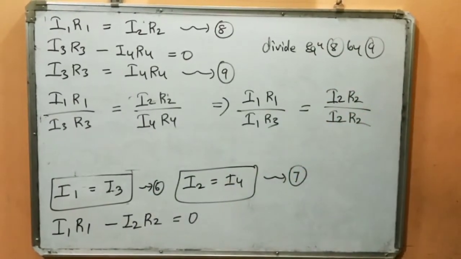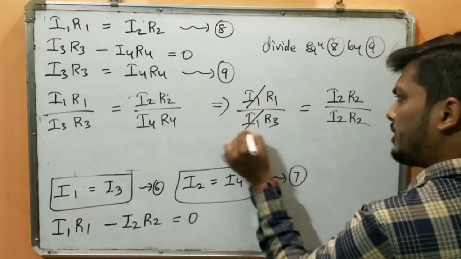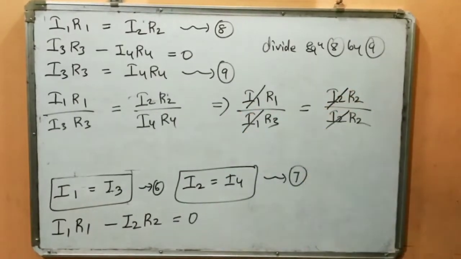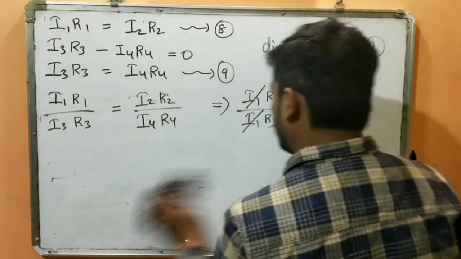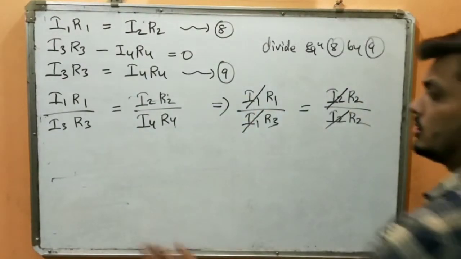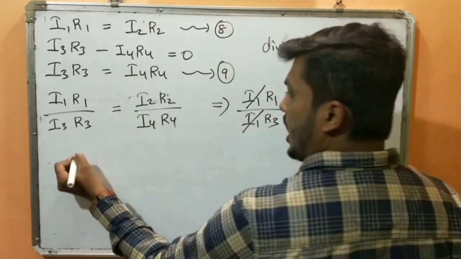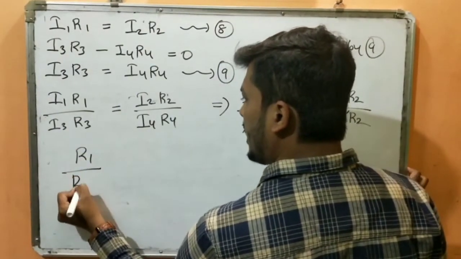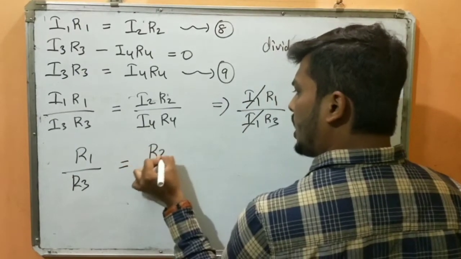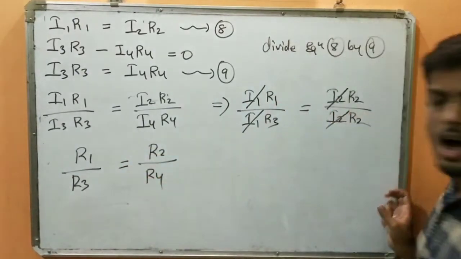Look carefully, I1 gets cancelled, and I2 also gets cancelled. So you are left with R1 divided by R3 equal to R2 divided by R4.